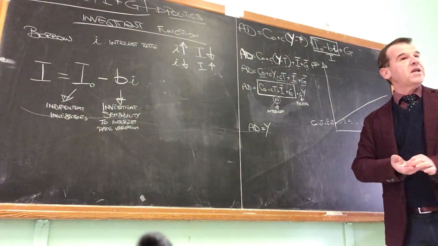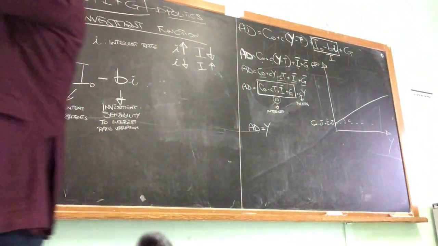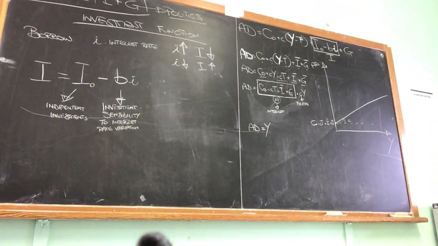Because that's the definition of aggregate demand. So, if the goods market is in equilibrium, it means that aggregate demand is equal to national income. Correct?